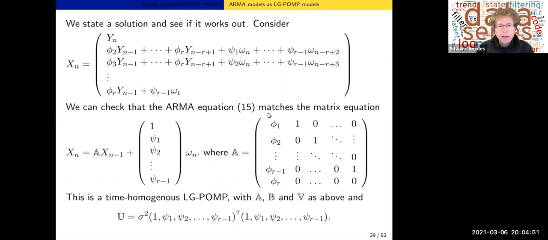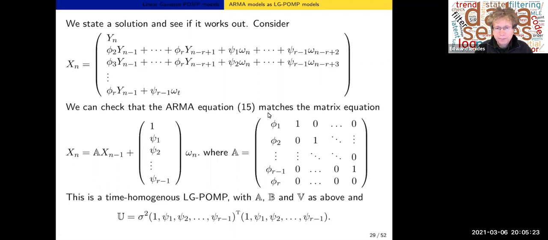So here we have Xn constructed with Yn at the top and different layers that build the components of Yn involving increasingly greater numbers of lags. Once we've thought of this idea of Xn, we can then see what A has to be to fit in with the ARMA model.